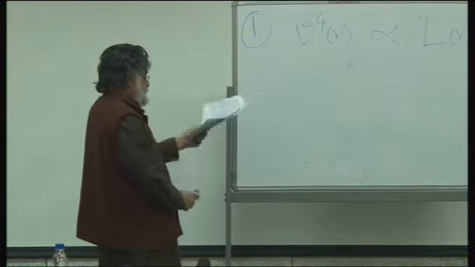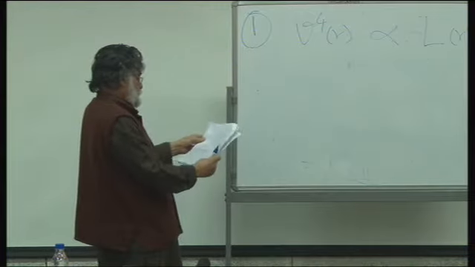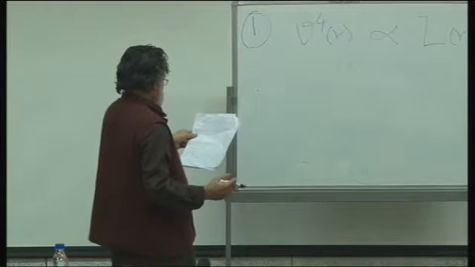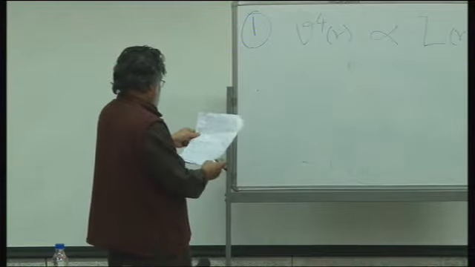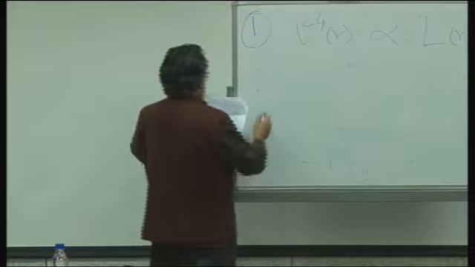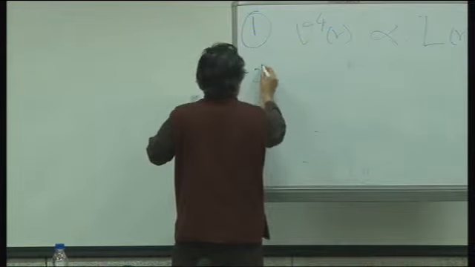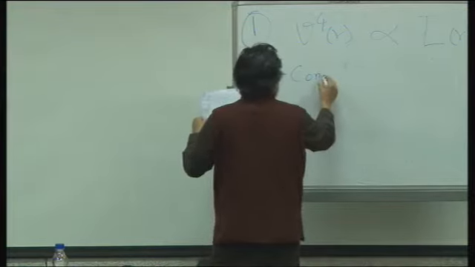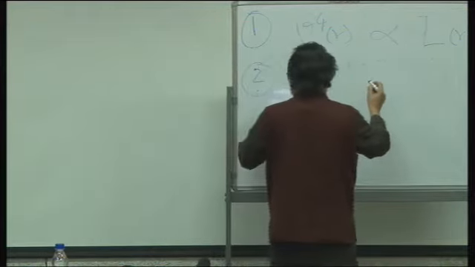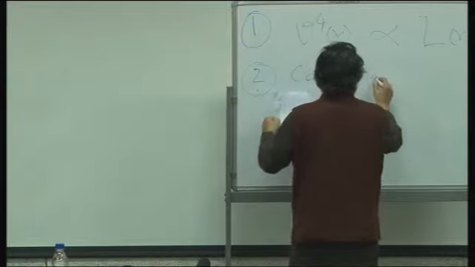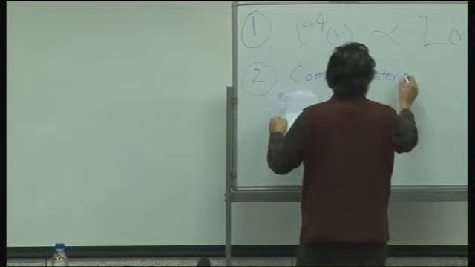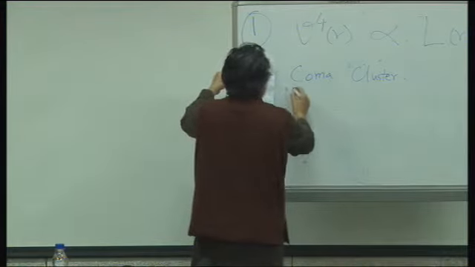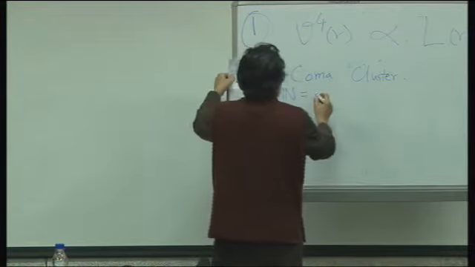And then for the Coma cluster itself, I'll give you a problem. So this is the Coma cluster. I'll give you some data first. The total number of galaxies, you can take it to be 1000.